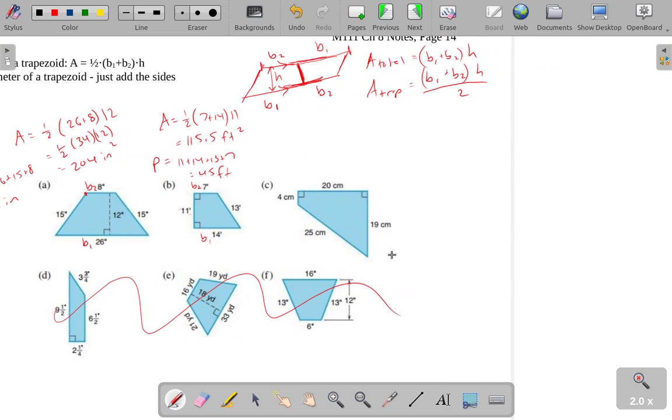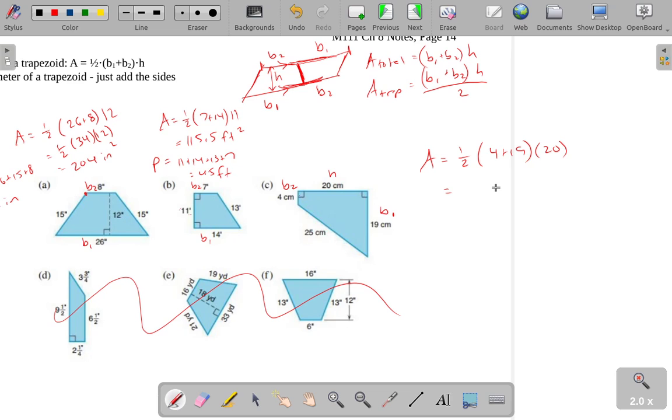We see a similar situation happening on this one. This 20 centimeters side is perpendicular to these two. So let's call this B1 and this B2. Those are my bases, which makes this my height. So when I go to do my area, 1/2 times 4 plus 19 times 20.